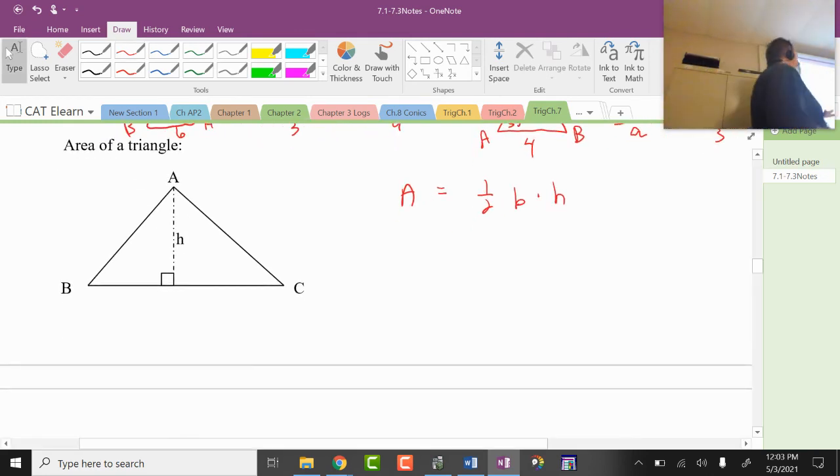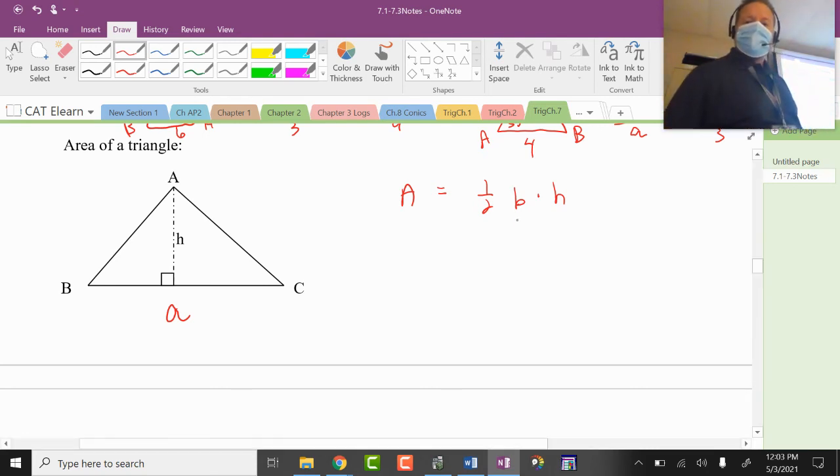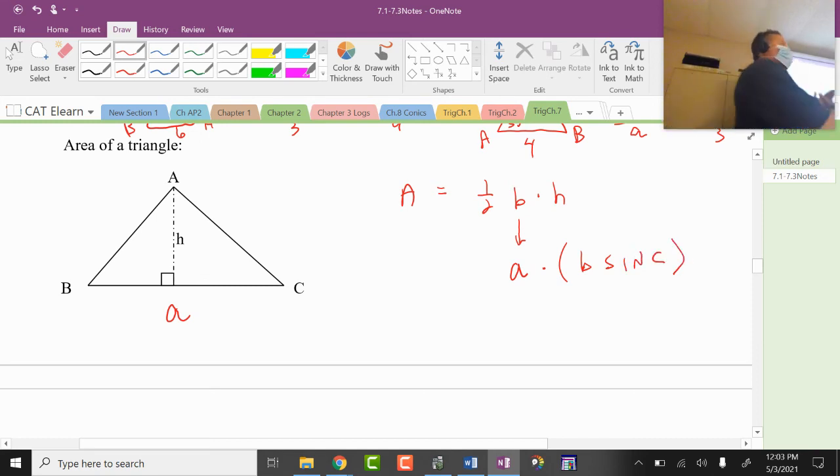through this one little drawing, if I make, by the way, this is side A, right? Opposite angle A right here. I can prove that when the base becomes side A, then the height of the triangle can actually be expressed as B times the sine of C. And I can prove that through this drawing, and this is what the person does online.